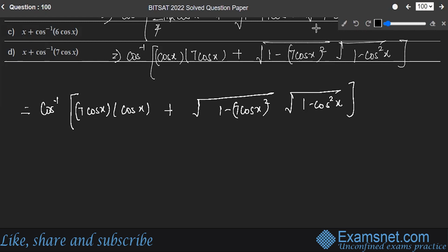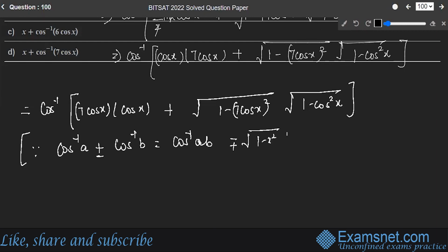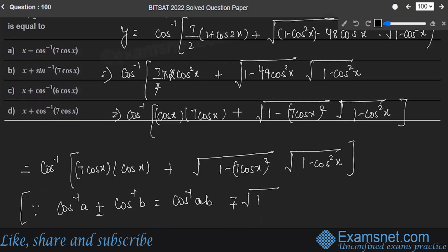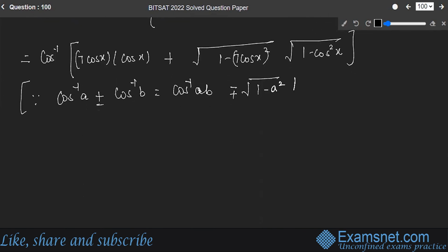Now you know one formula: cos inverse A plus minus cos inverse B is equal to cos inverse of A into B minus plus root of 1 minus A square into root of 1 minus B square. So I'm going to apply this formula over here.